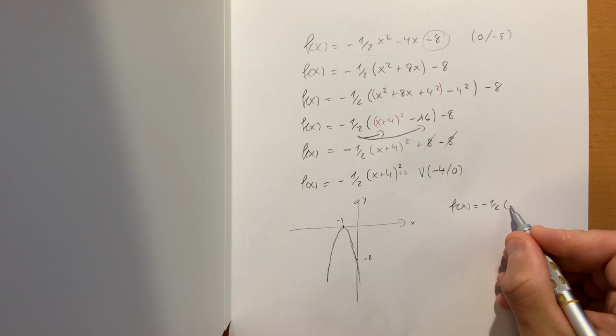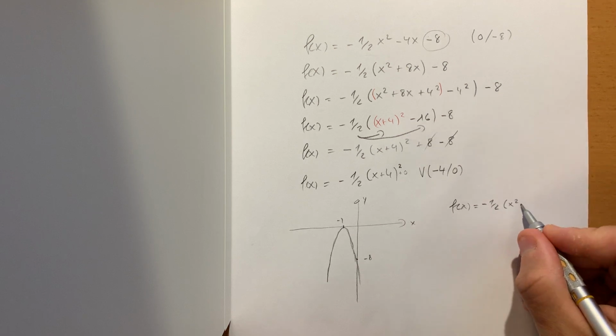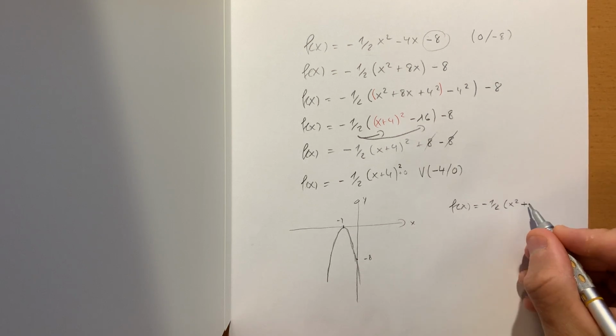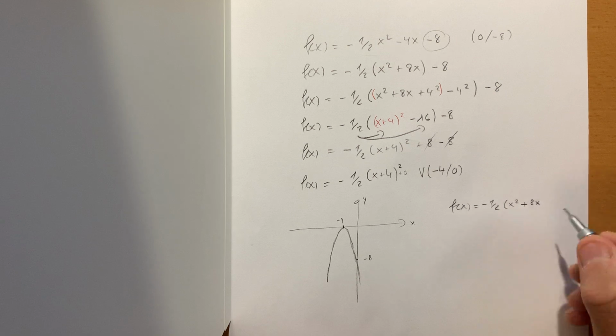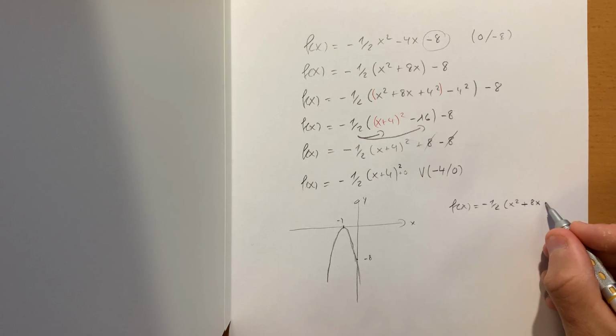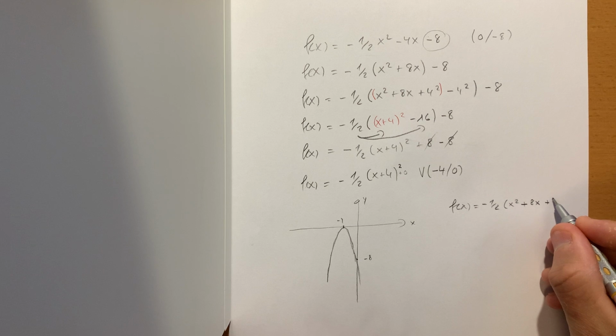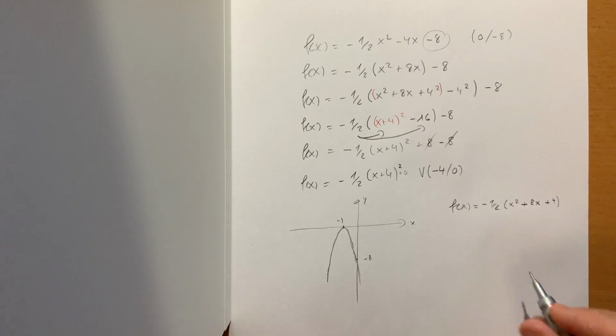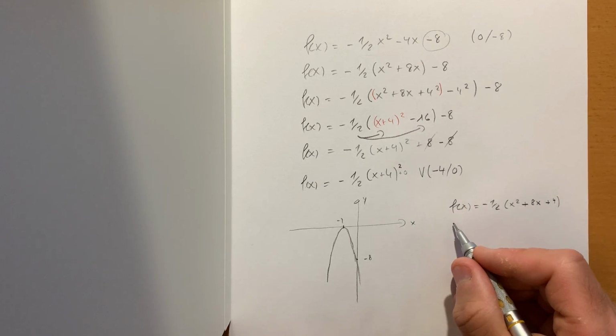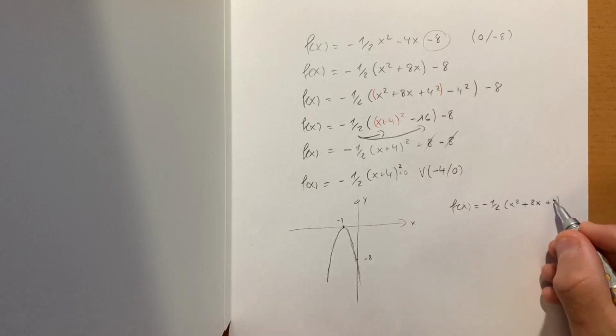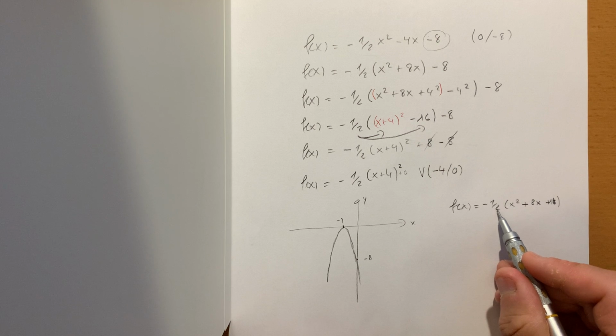Minus 1/2 x squared plus 8x, and then here plus 4 plus 16, plus 16. Now let's think it through again.